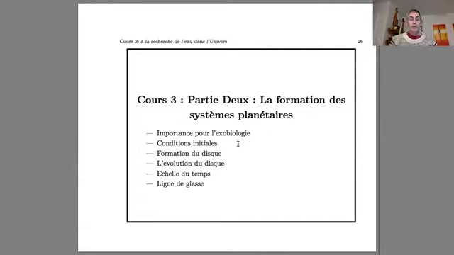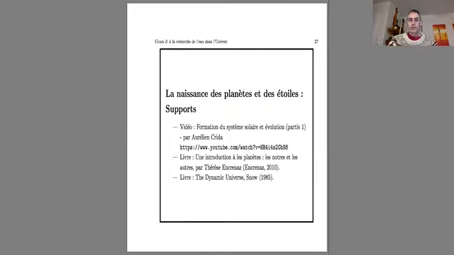The initial conditions that lead to the formation of a planet, a planetary system and star, the formation of the disk, the evolution of this disk, and the timescales involved in these processes, and finally just a word about the glass line, which will be important for the discussion of where water comes from on Earth.